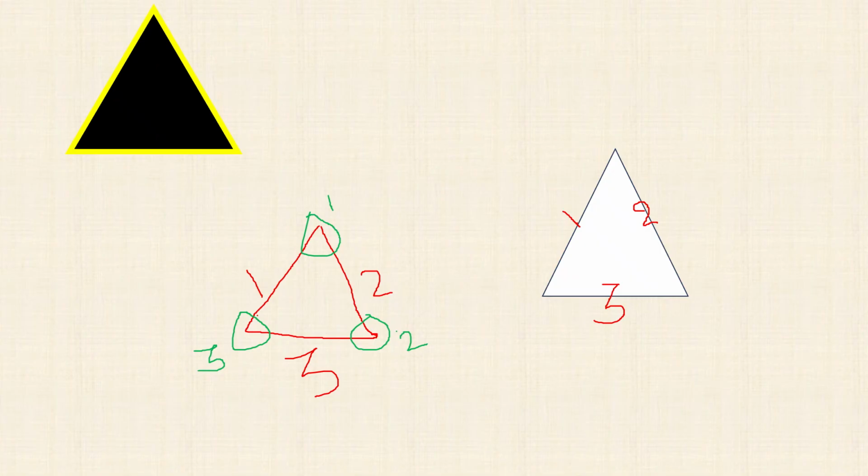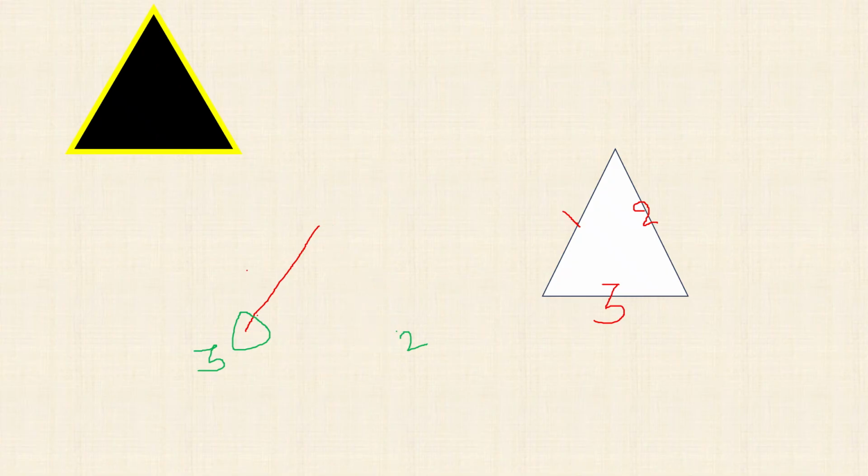Tell me, how many sides are here? Here are three sides. And how many corners? It has three corners. First corner, second corner, third corner. Okay, so this is its quality.